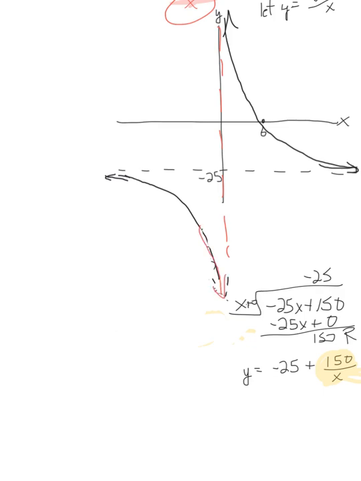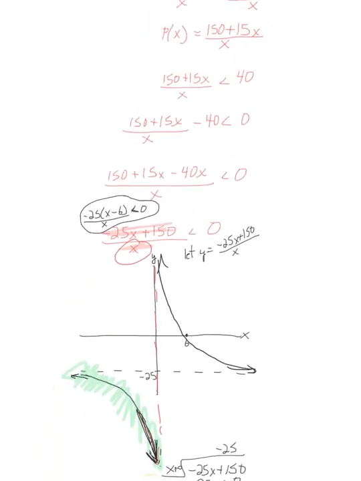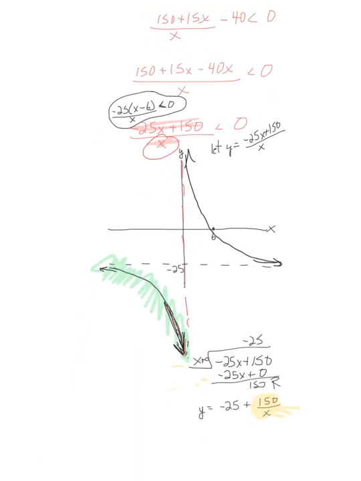Well, over here on this side, we have x is less than 0. When x is less than 0, we're saying that's a negative number of books. He's not going to produce a negative number of books, so this is not admissible here. So 6 or more books looks like it is going to cost him less than $40. So this is where it's less than 0, and that is where our answer is.